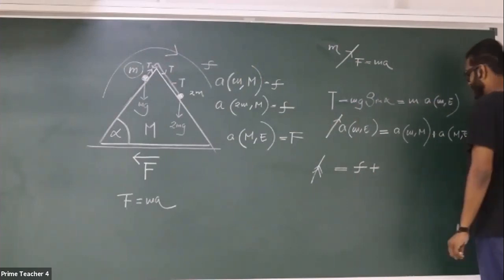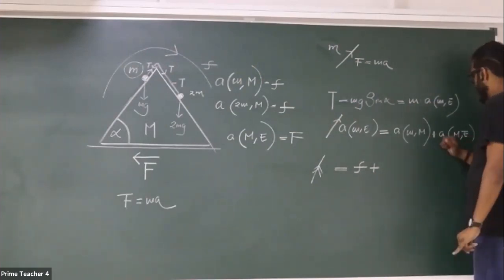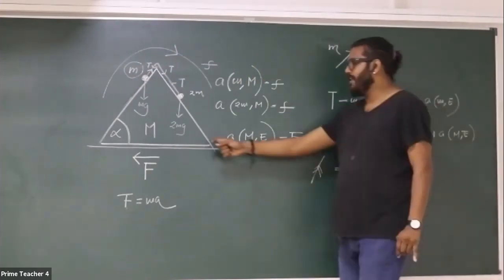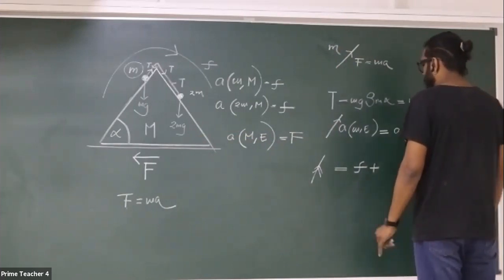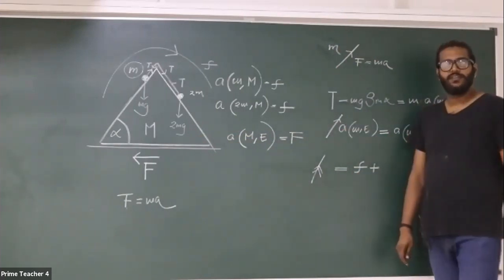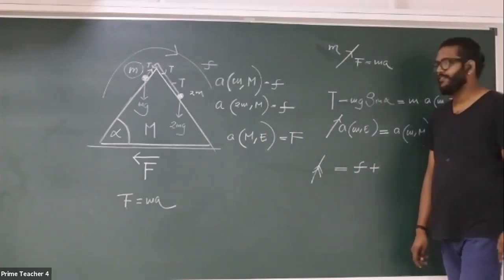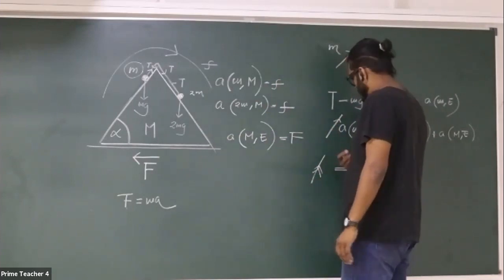So we are talking about acceleration of capital M, which is the wedge, relative to earth. Now that is a little bit different because we are expecting a different direction. Sorry for that disturbance, that sound came from Candy.